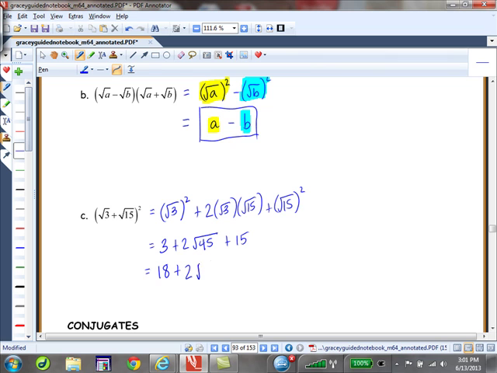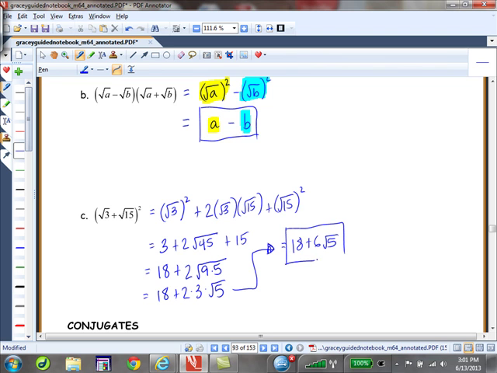Now be careful. 45 has a perfect square in it. 9 times 5 is 45. So we get 18 plus 2 times, good, 3 times root 5. The 3 is from the square root of 9. So then we'll get 18 plus 6 times root 5.